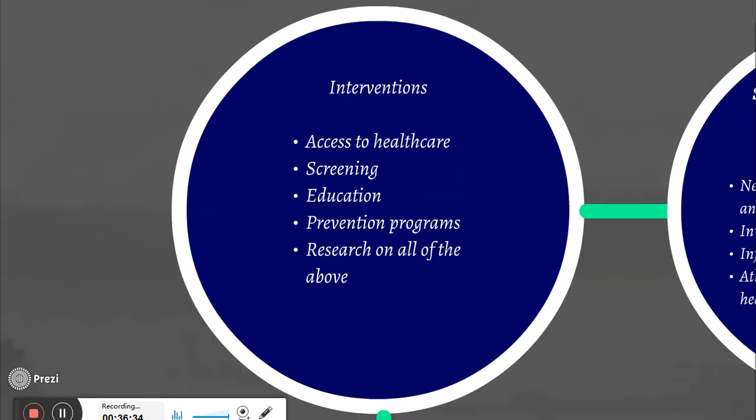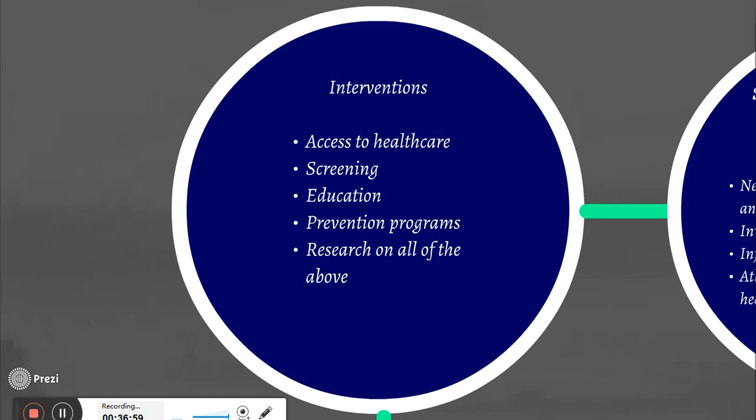So interventions that could have been helpful for this patient and others are proper access to healthcare, screening, and proper patient education, both on having risk factors and after an injury. Those could all be helpful for understanding and creating prevention strategies.